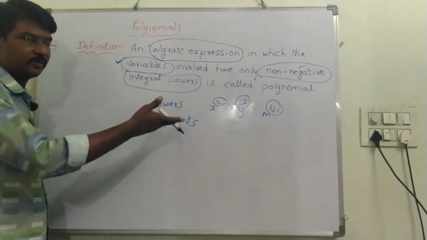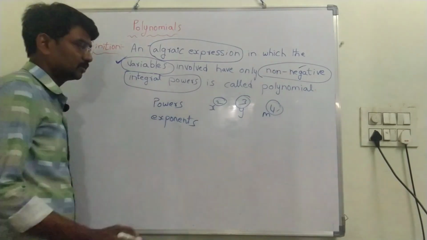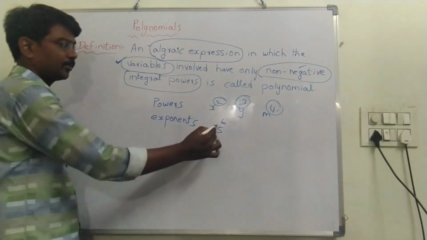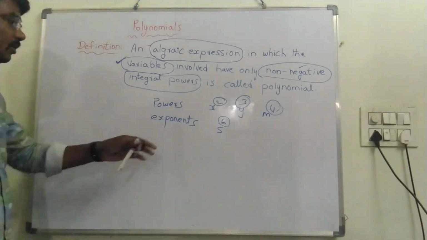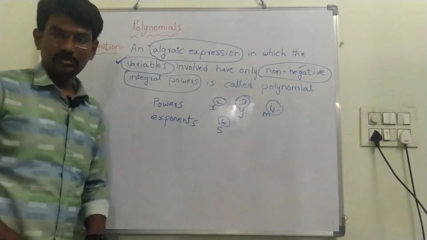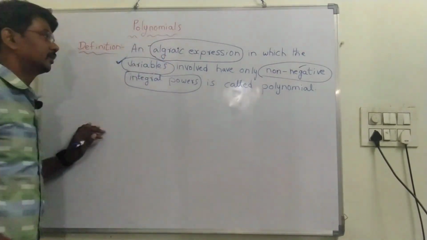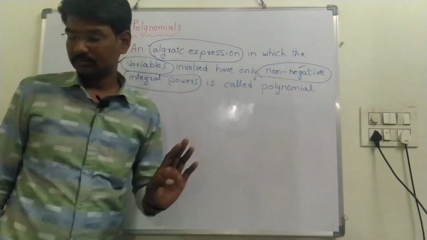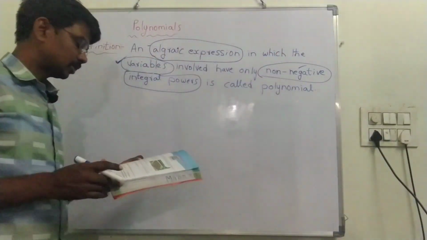In 5 to the power of 6, 6 is the power or exponent. So power understanding over. Now you know very well about algebraic expression, variable, as well as non-negative power also.